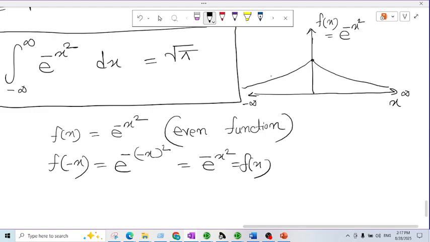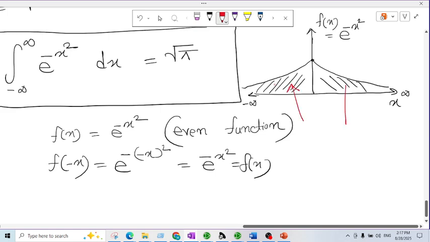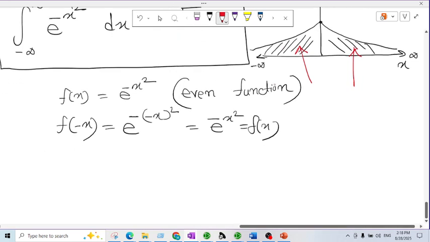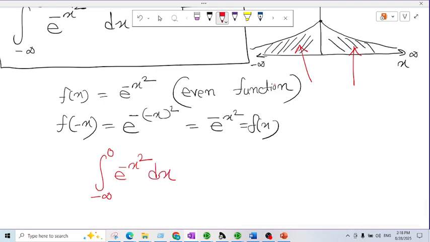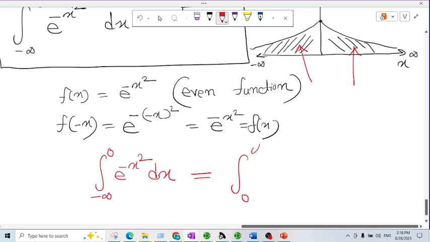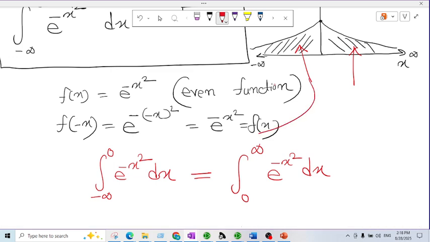But this area and this area are both the same because the graph is symmetric. So the integration from minus infinity to 0 of e to the power minus x square dx is also equal to the integration from 0 to infinity of e to the power minus x square dx, because the two areas are the same.